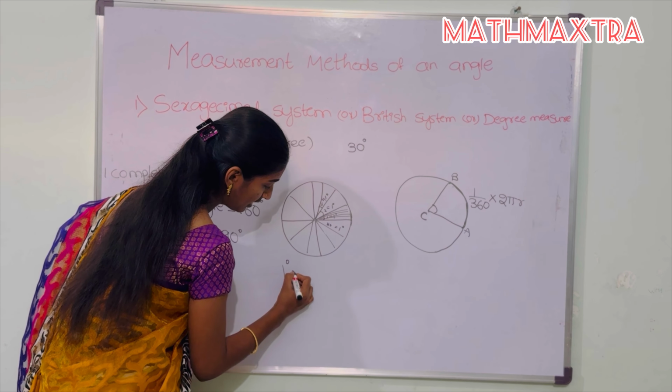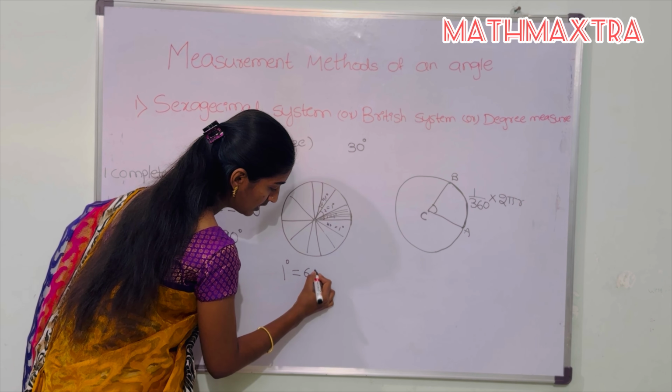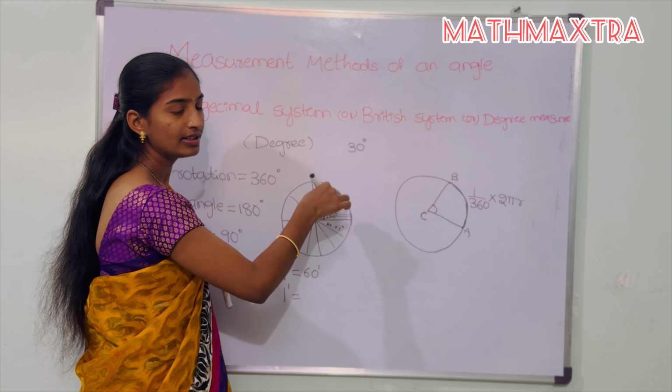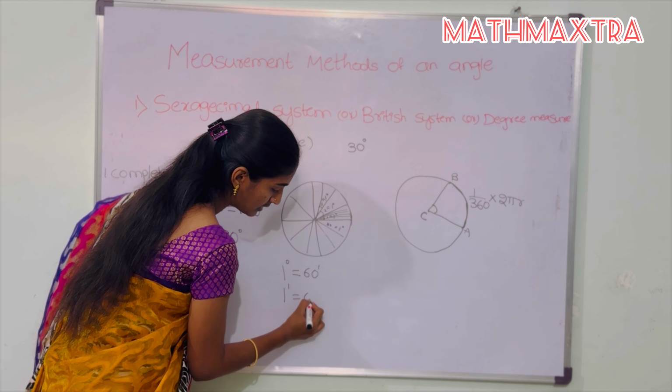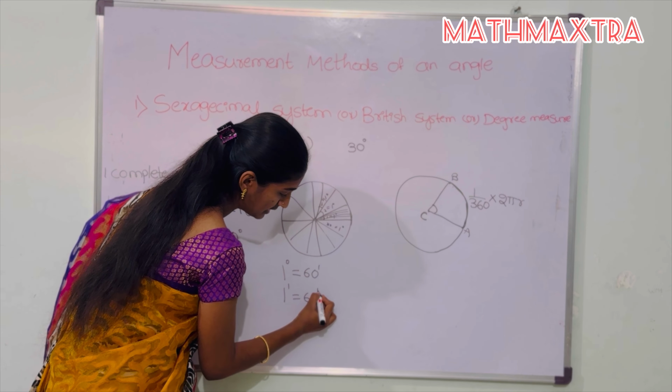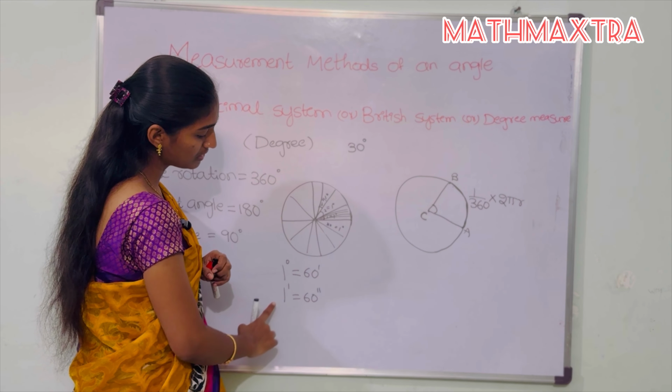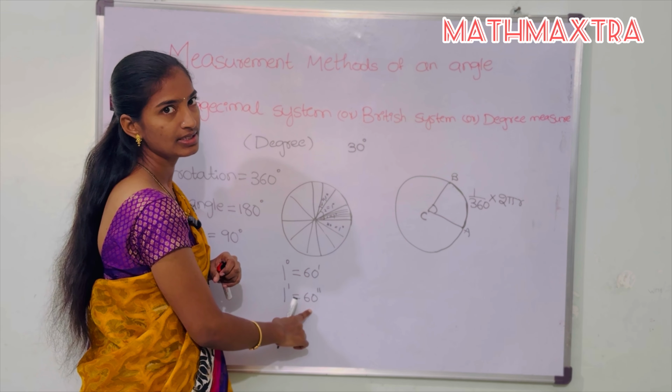So 1 degree is equal to 60 minutes. 1 minute again is divided into 60 equal parts, and that can be represented as 60 seconds. So 1 degree is equal to 60 minutes, and 1 minute is equal to 60 seconds.